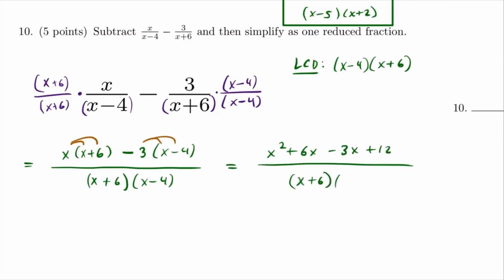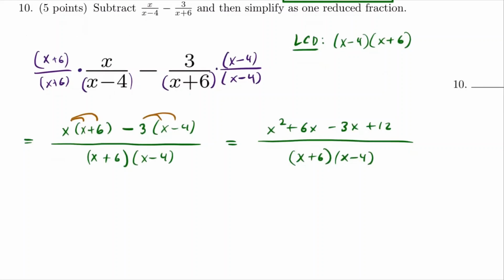I always like to keep my denominators factored. If you want, you can expand, but this is really fine. Now look for like terms on the numerator. So I see this is on its own, but these are like terms, so you can combine them. So you got x squared plus 3x plus 12 all over x plus 6 times x minus 4.